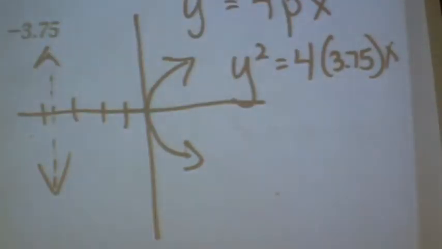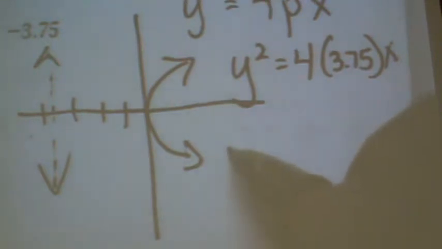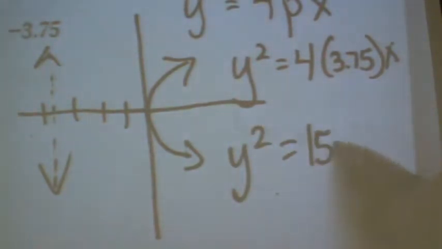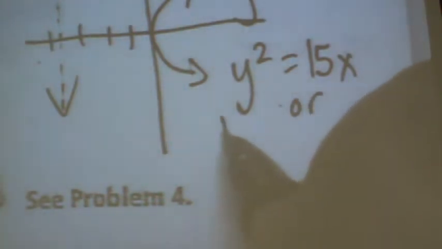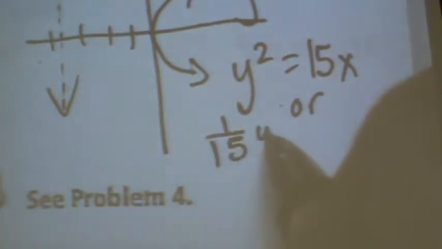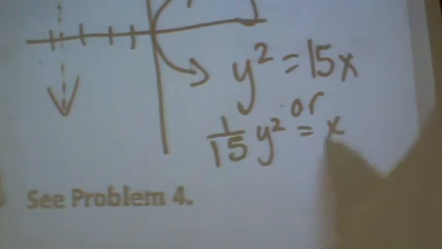What is 4 times 3.75? 15. So it's y squared equals 15x. How else can you write this equation? x equals 1/15 y squared. Yep.